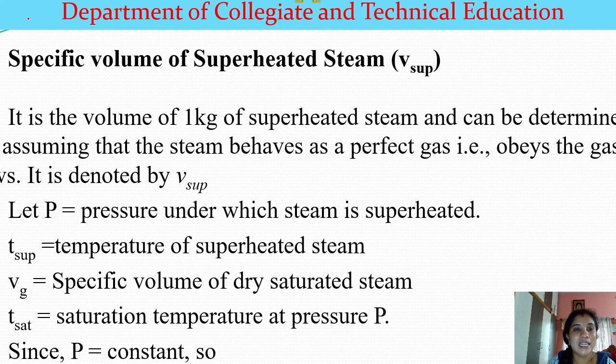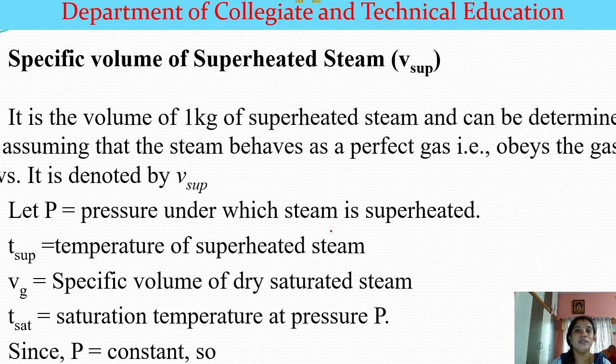Lastly, the specific volume of superheated steam. The volume of 1 kg of superheated steam is defined as specific volume. Whenever I say specific, it clearly indicates that we are calculating the volume for 1 kg mass. Till now I used Vf, Vg, and so on.